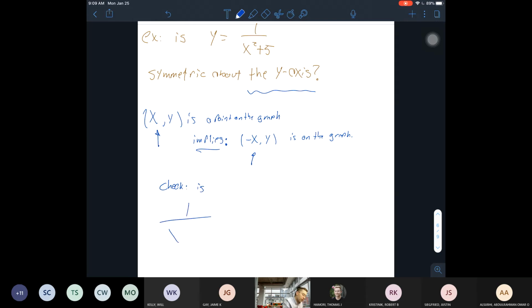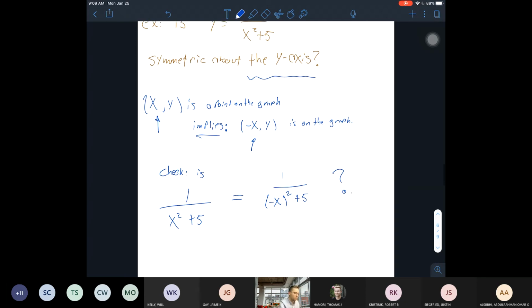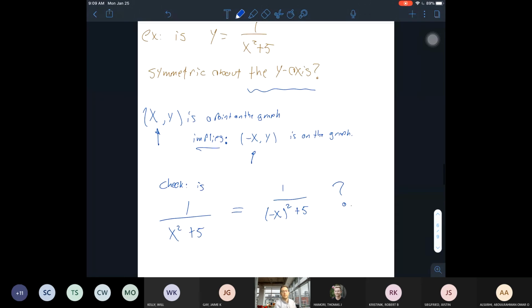Is 1 over x squared plus 5 the same thing as 1 over negative x squared plus 5? What do we think?